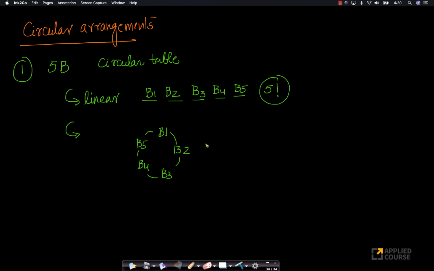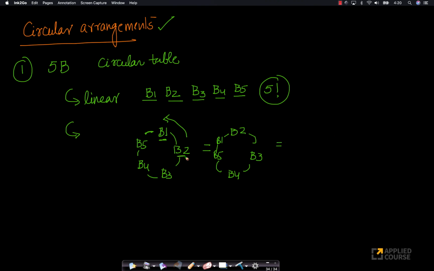But the circular arrangement is equivalent, because if I rotate the circle, it's still the circle, right? So in circular arrangements, this is the same as B2, B3, B4, B5 and B1. These two circular arrangements are considered equal, because this one is simply a rotation of the other.